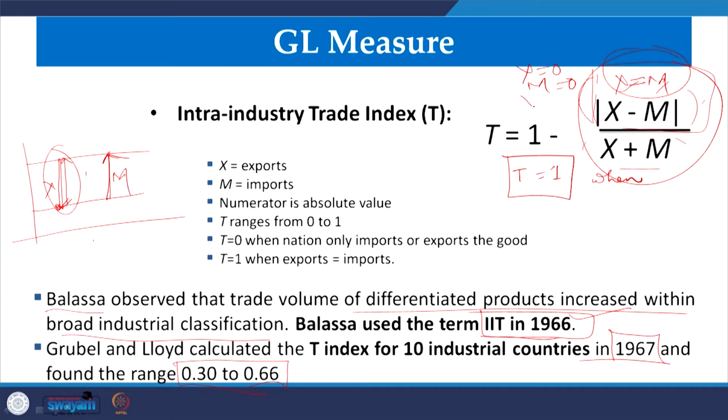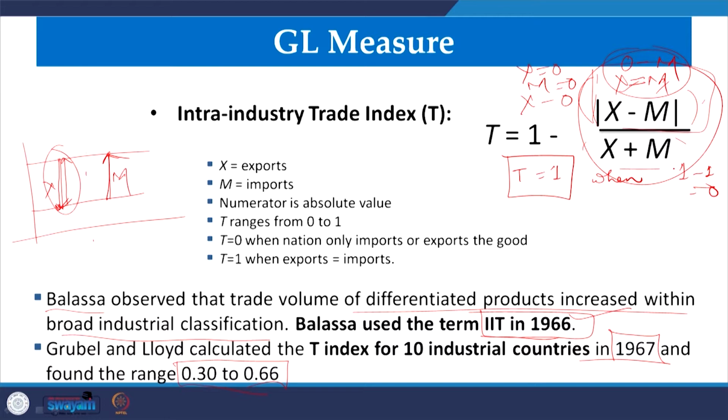So, export minus import is 0, or 0 minus import. So, both the possibilities are there. So, if it is only export, no question of imports in that particular sector, that means only export divided by export boils down to 1. So, 1 minus 1 equal to 0, or if it is only import, we are not adding value to it.